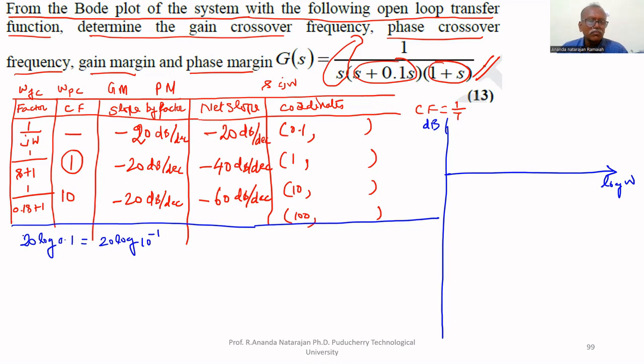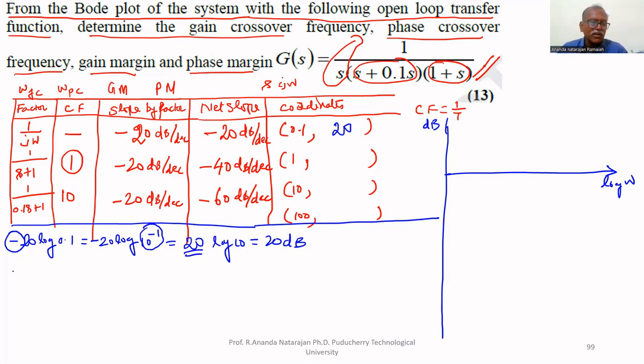This is 1 by j omega, therefore minus, because of that, minus 20 log 10 power minus 1, that is equal to 20 log 10, equal to 20 dB. Therefore, the coordinate is 0.1 comma 20. This minus is because it is in the denominator. 10 power 0.1 is 10 power minus 1. That's why it becomes plus 20. Therefore, 20 dB. We got the coordinate for 0.1.